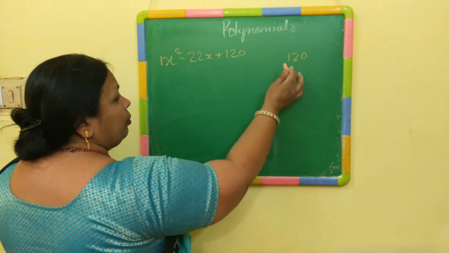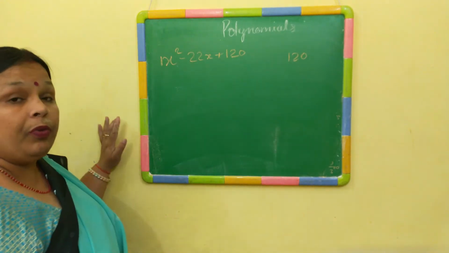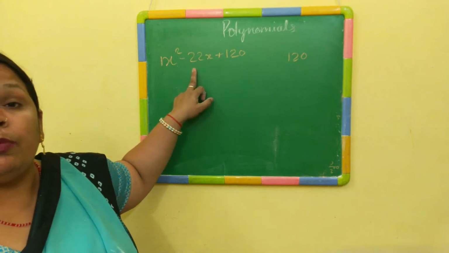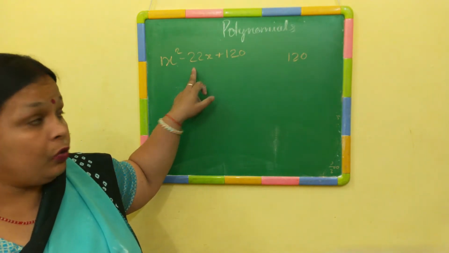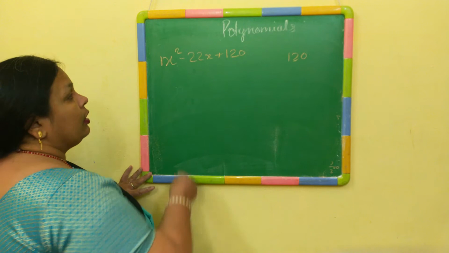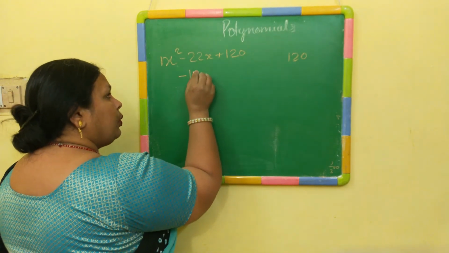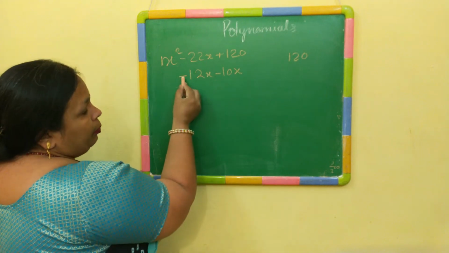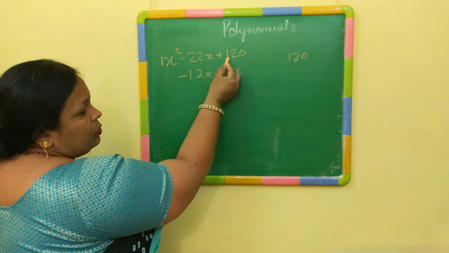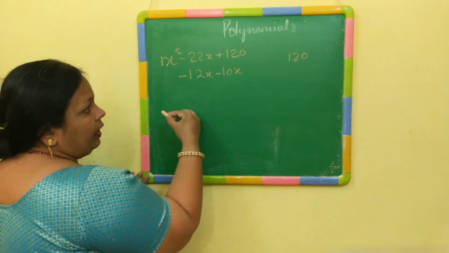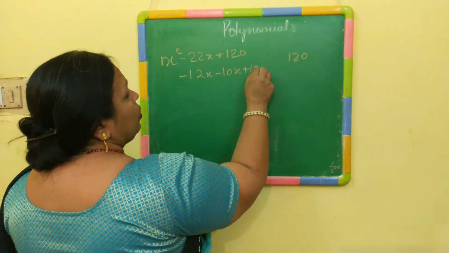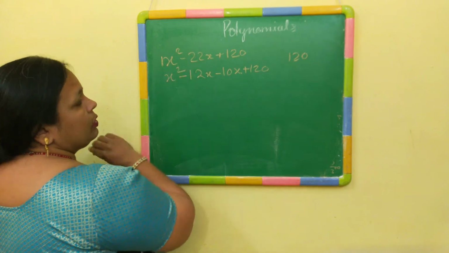Now when you find the factors of 120, we easily get the sum as 22. So we can take it as minus 12x and minus 10x. See, the product 12 into 10 is 120. And as both the numbers are negative, you will get a positive value. So this is 120 and this is x square.